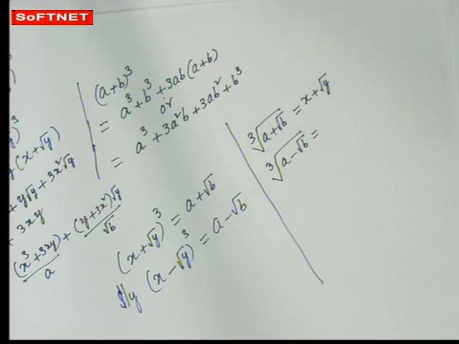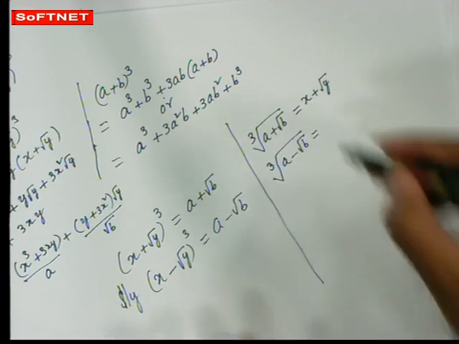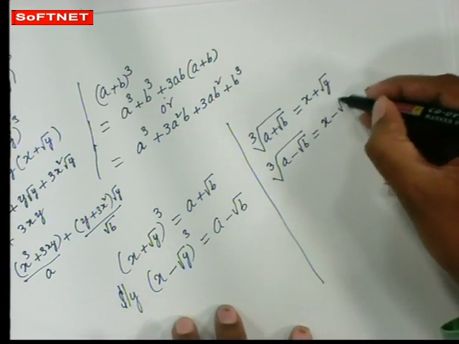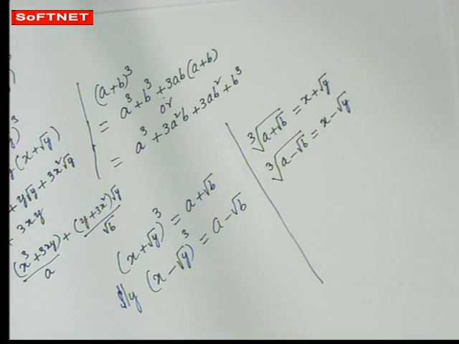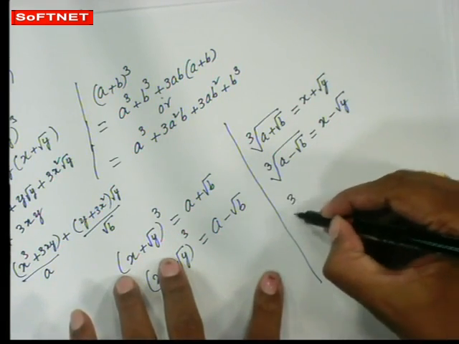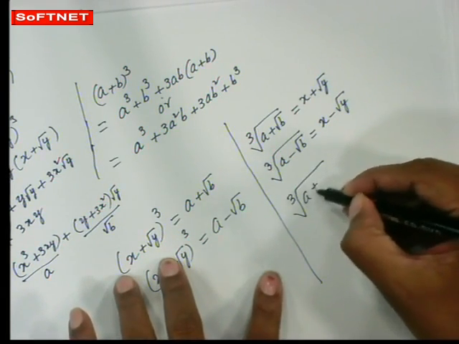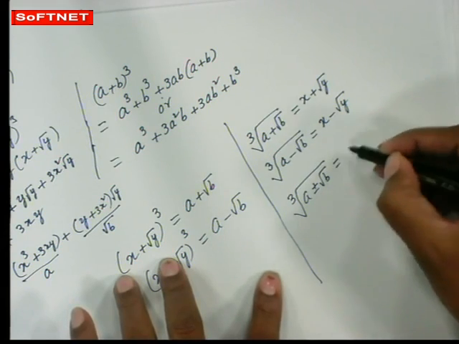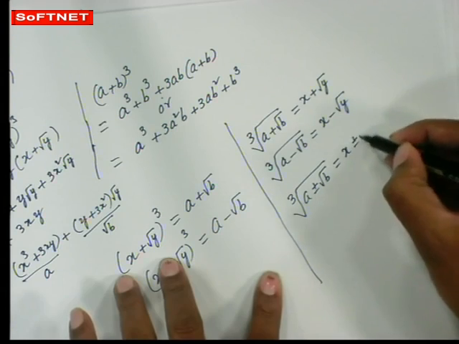The cube root of a minus root b is equal to x minus root y. Okay, now we have discussed here the cube roots of a plus root b and a minus root b. So this can be written like this: cube root of a plus or minus root b is equal to x plus or minus root y.